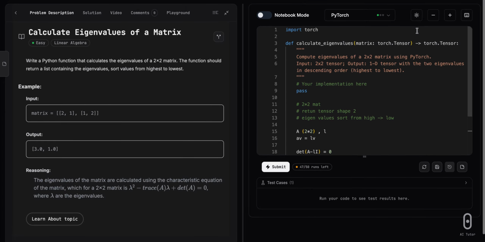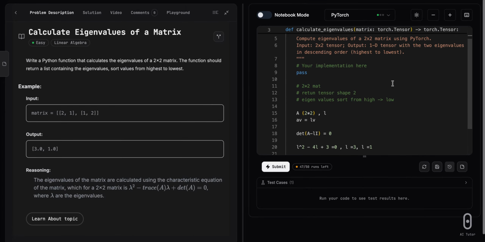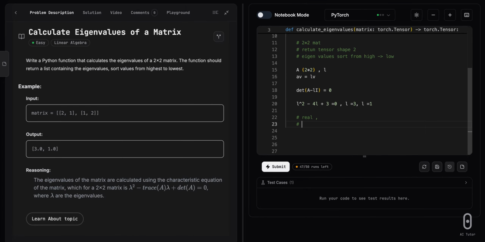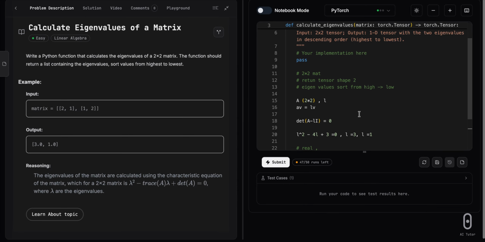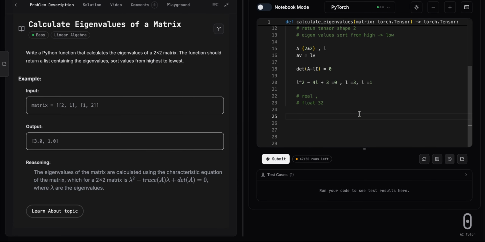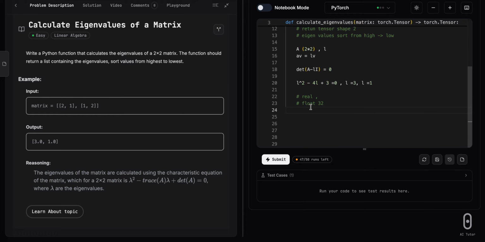The input type is again torch.tensor, so should we consider a float32 tensor? And is the input exactly 2 cross 2, or do we need to validate that? The problem itself is 2 cross 2, so we'll assume 2 cross 2. These are very important questions to ask, also considering the real and complex cases.